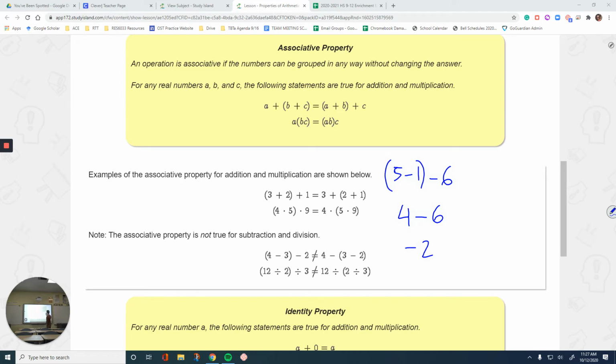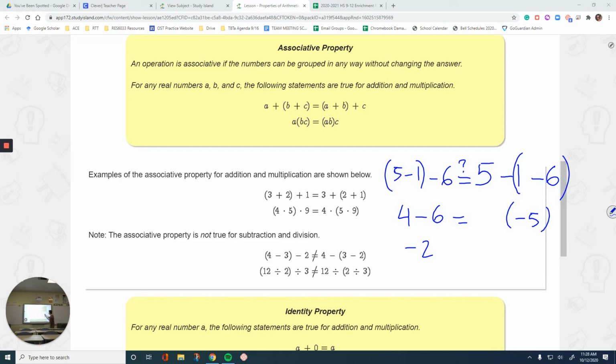And now let's see if it is going to be equal when I have the same numbers, 5, negative 1, and negative 6. But instead of grouping these two together, this time I want to group these two together. Okay? So, do the parentheses first. 1 minus 6 is negative 5. It's in the parentheses.